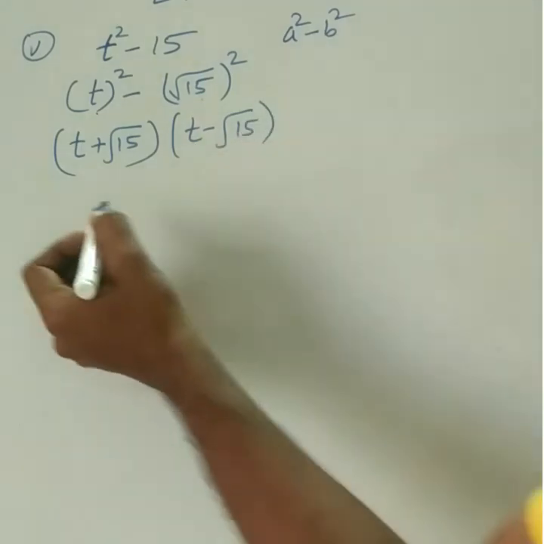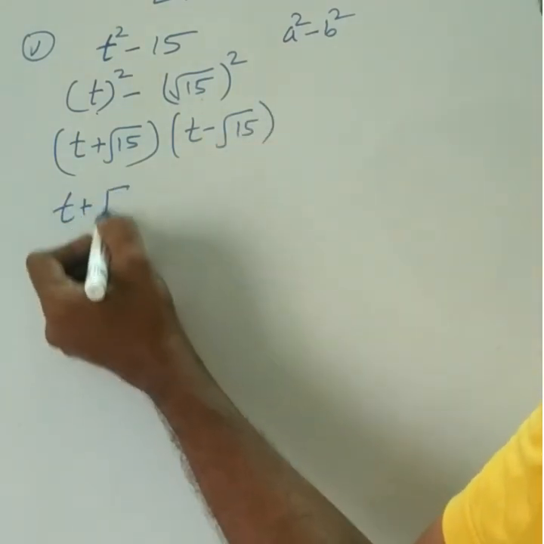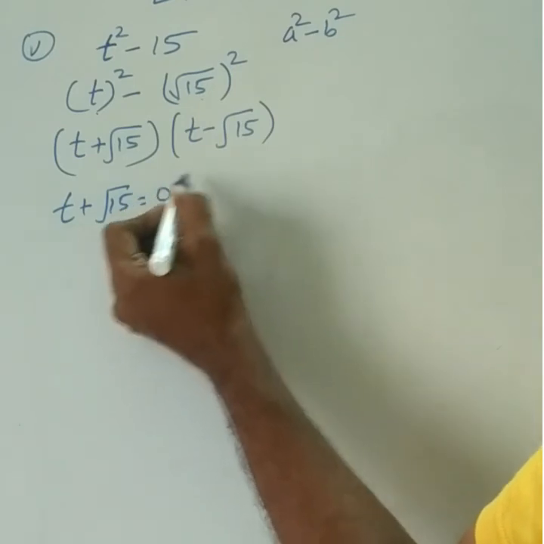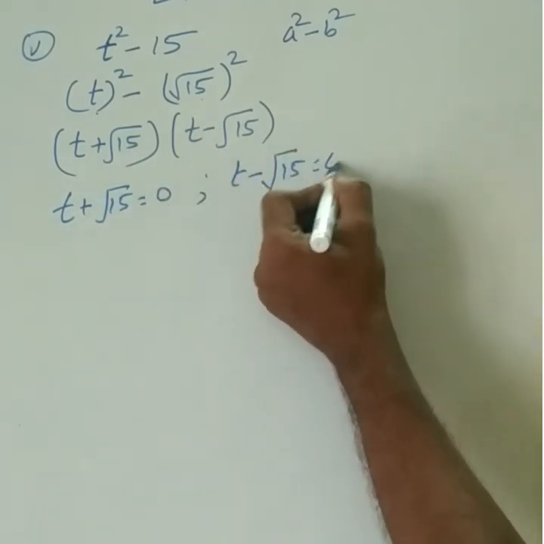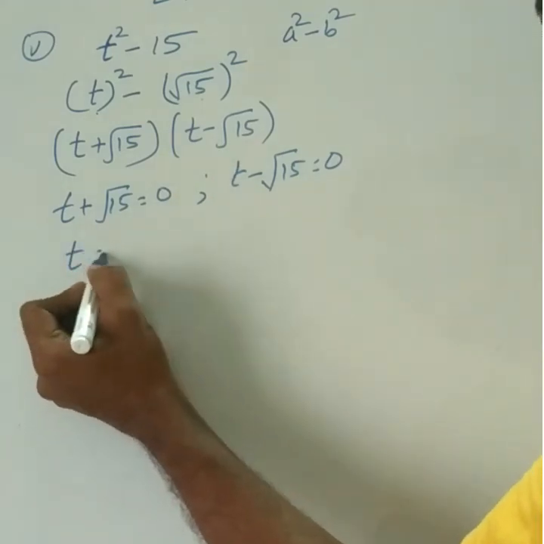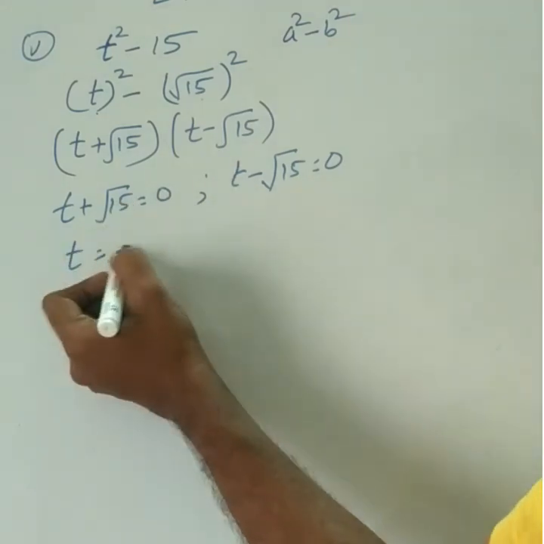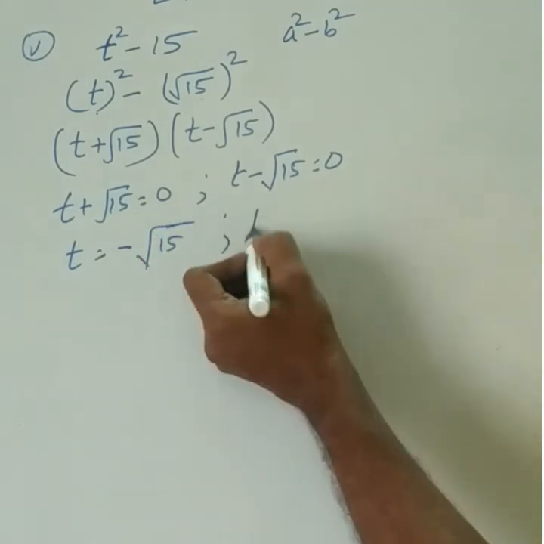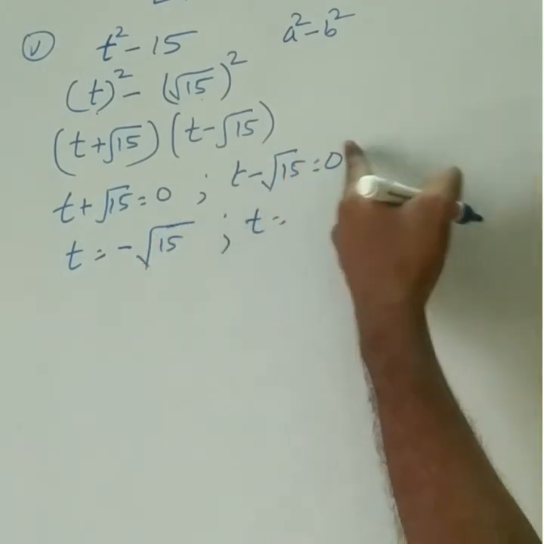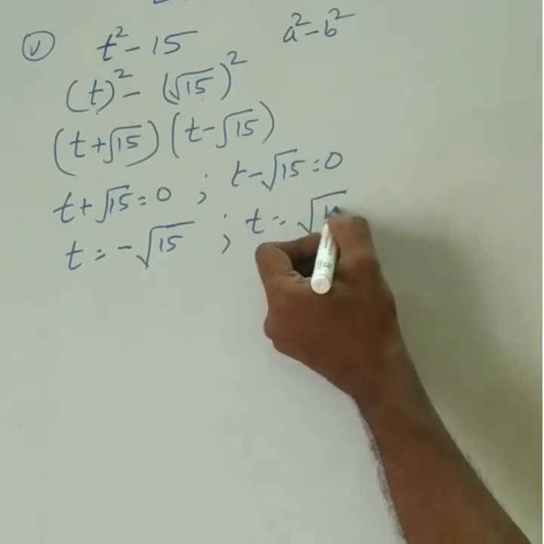Equate these with 0. T plus root 15 equal to 0 and t minus root 15 equal to 0. Here t equal to, shift this, minus root 15. And here t equal to, shift this on this side, root 15.